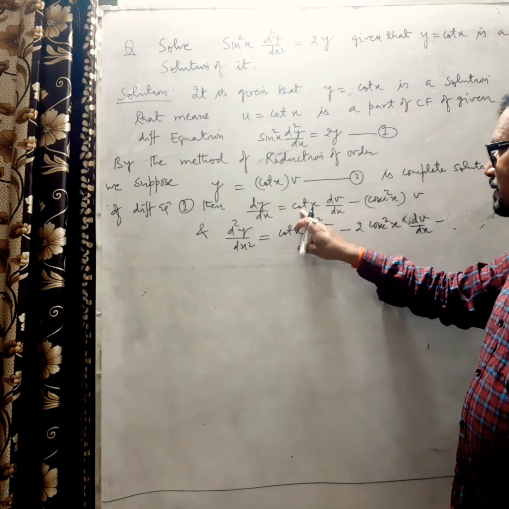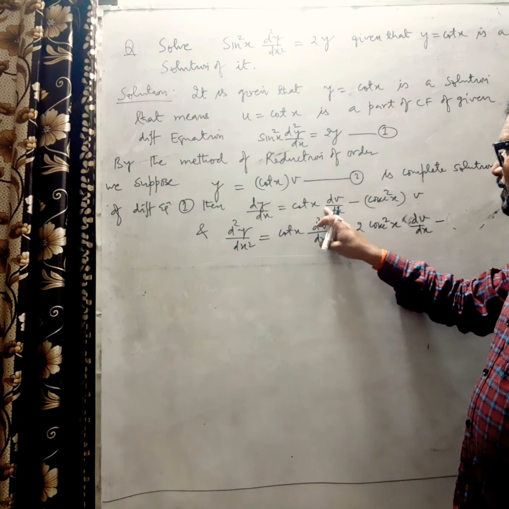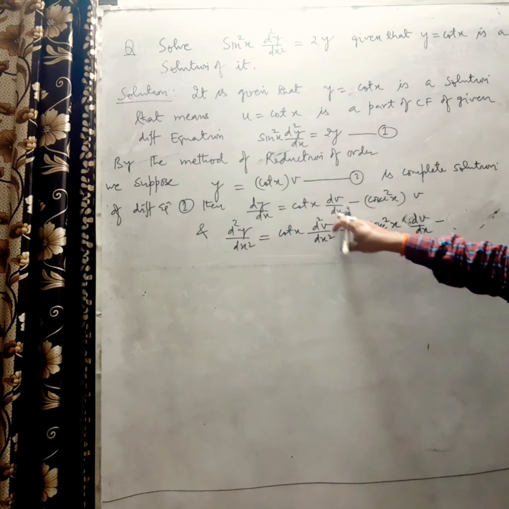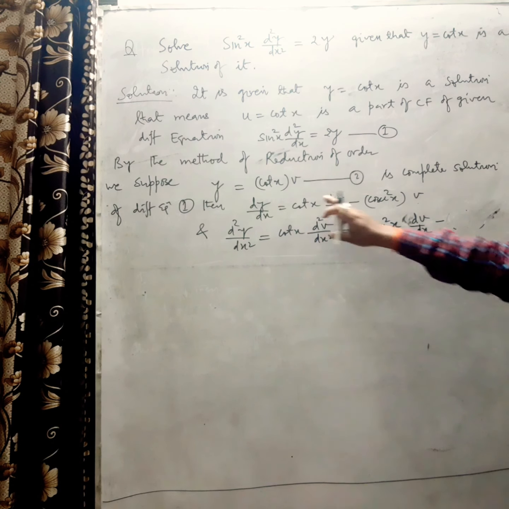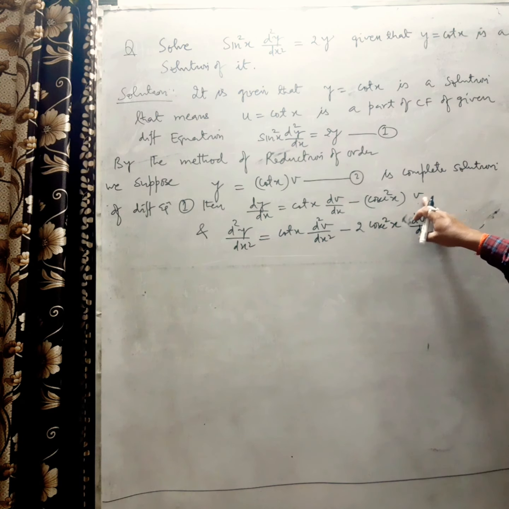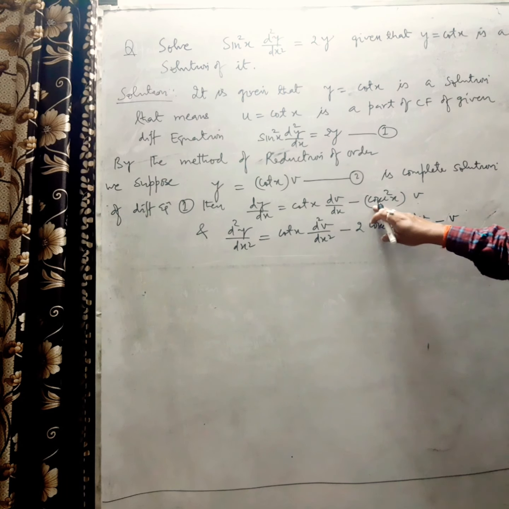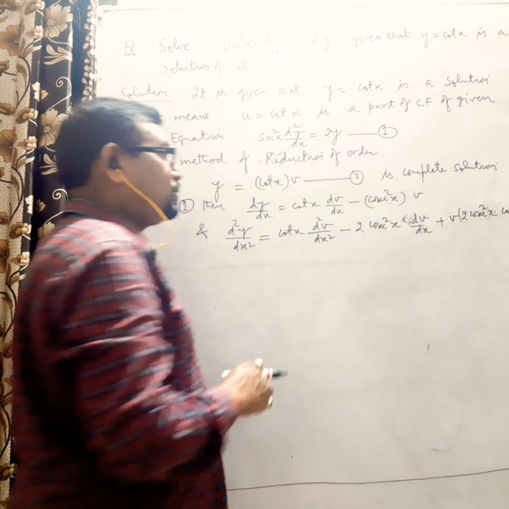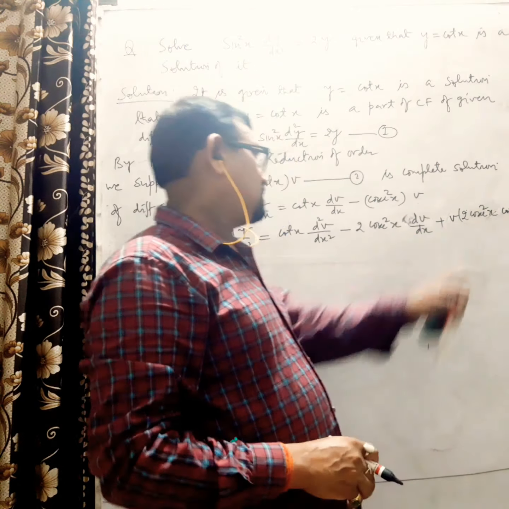Differentiating cot x times d2v upon dx square as it is, and again dv upon dx remains the same while cot x gives minus cosec square x. So it is 2 times dv upon dx, then minus 2 cosec square x, and d by dx of cosec square x gives plus 2v cosec square x cot x.